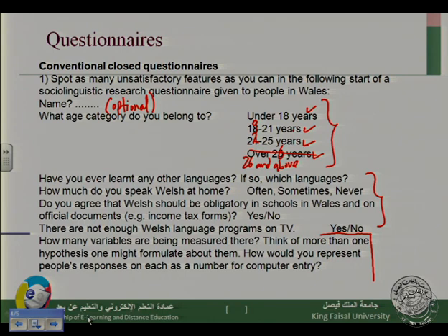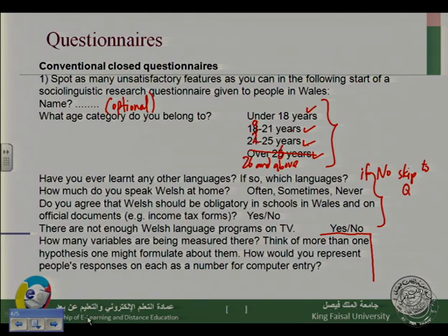Have you ever learned any other languages? If so, which languages? But what if your answer is no, I haven't learned any language? You should have another choice here, saying if no, skip to question, for example, 3 or 4.